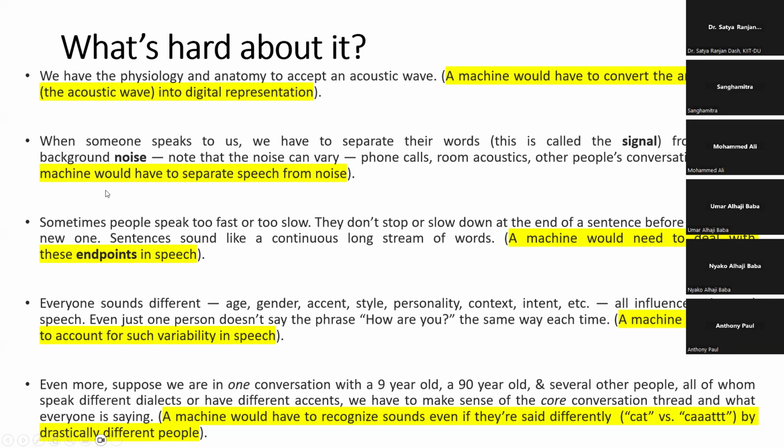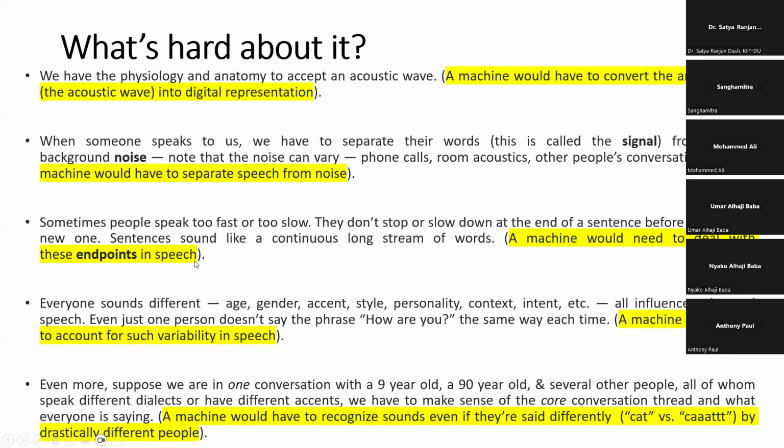But in case of the computer, you will have to do a lot of processing to separate the speech signal from the noisy background. Again, I may be speaking very fast, I may be speaking very slow, but you know when I am starting a sentence, you know when I'm stopping, you are able to segment whatever I'm saying quite naturally. But for the machine, it will have to deal with endpoints in speech.